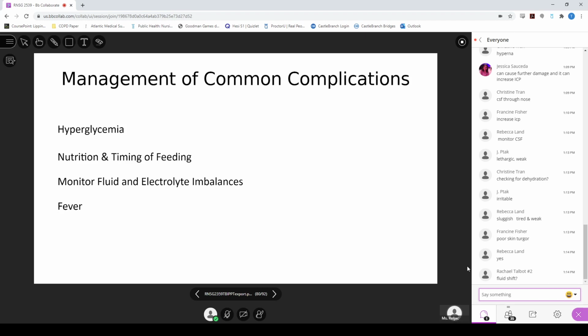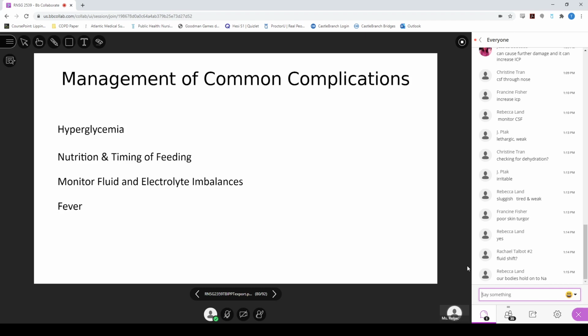What kind of fluid, right, Rachel? What kind of fluid shift? It's an extracellular fluid shift, and that affects your electrolytes.